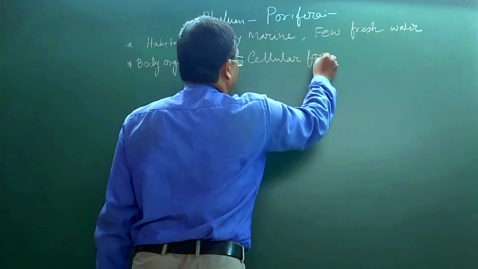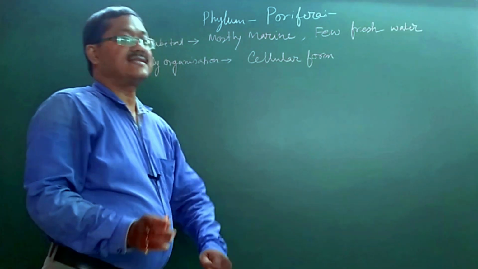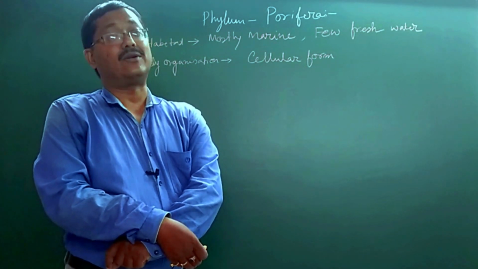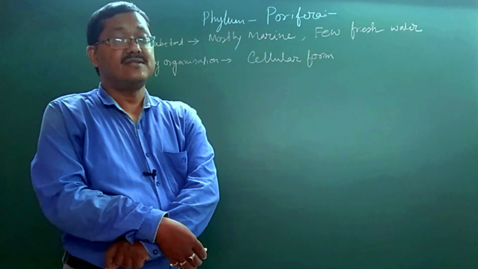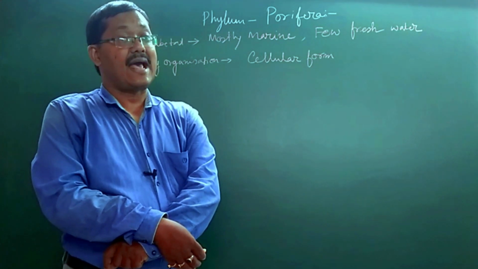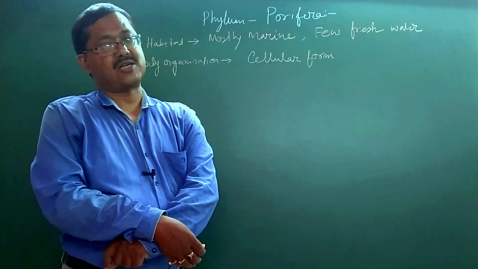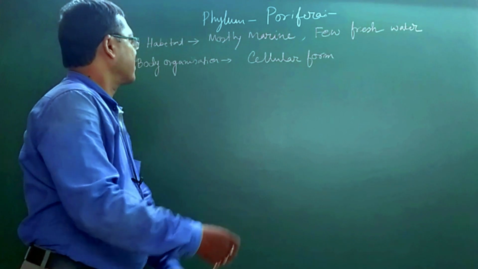They are multicellular, but these cells are not well organized. The different layers, ectoderm, endoderm and mesoderm, are absent. The cells are arranged in a random fashion.